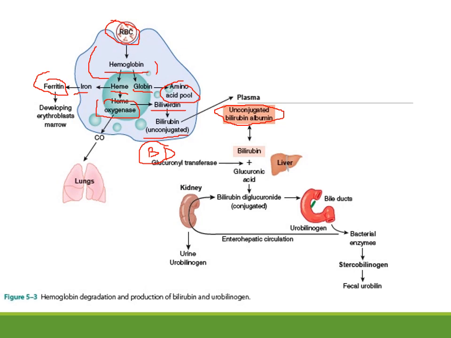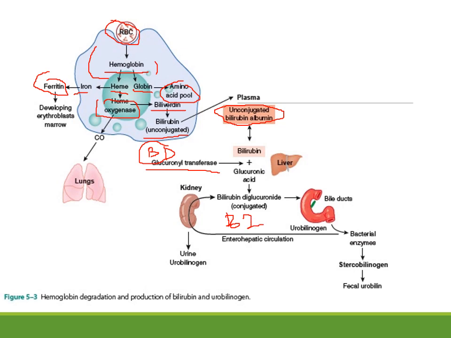Now inside the liver, your bilirubin 1 will be converted to bilirubin diglucuronide with the help of the enzyme glucuronyl transferase. So bilirubin plus glucuronic acid will form bilirubin diglucuronide. Now, this form of bilirubin will be classified as your bilirubin 2.